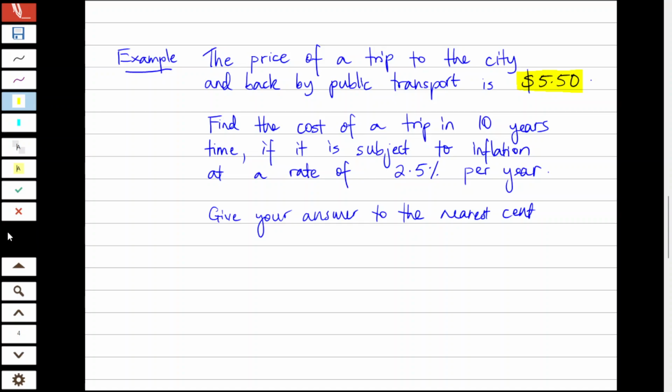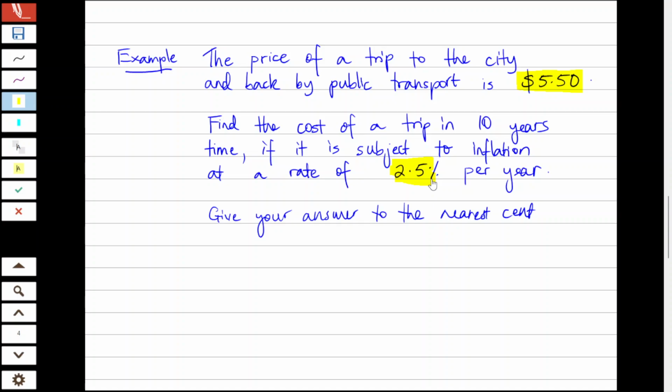You don't get to pay the concession fare anymore. It's $5.50 at the moment. Now, $5.50 is not going to be the price in 10 years' time. What's going to happen is the government will raise the price, most likely in line with inflation, which is about 2.5% each year.